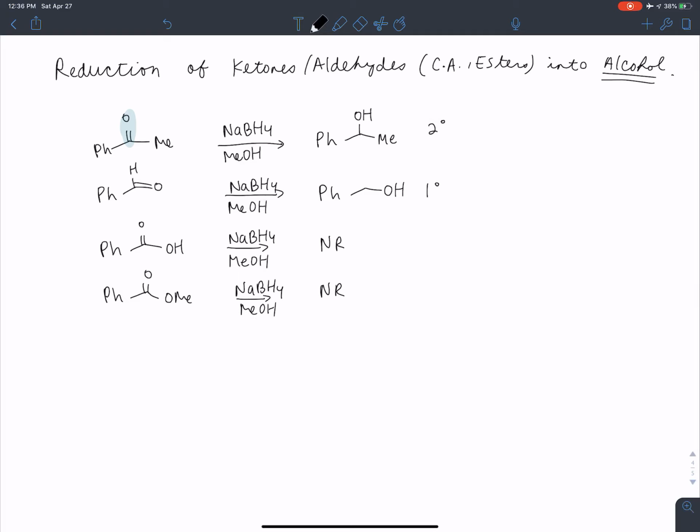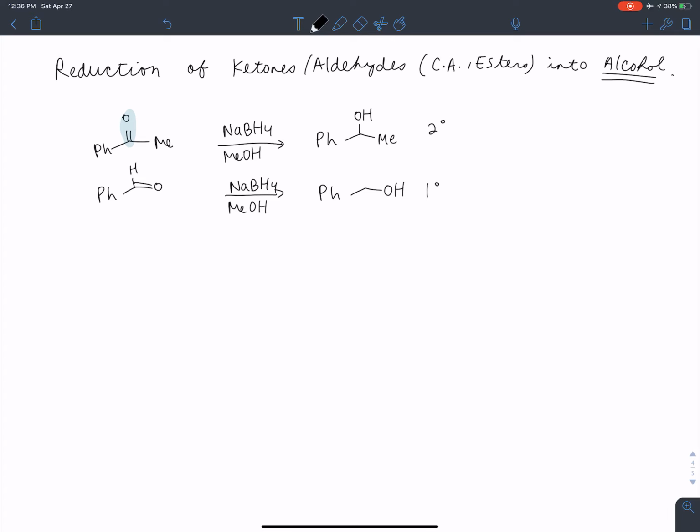It's also not going to take part in any reaction because, like I said, sodium borohydride is not strong enough to reduce carboxylic acid and ester. So you will see in the next video that I'm going to use lithium aluminum hydride, LiAlH4, commonly known to you guys as LAH, that will reduce these functional groups into their respective alcohols. Okay, so for now, today we're just going to talk about NaBH4 in the presence of methanol.